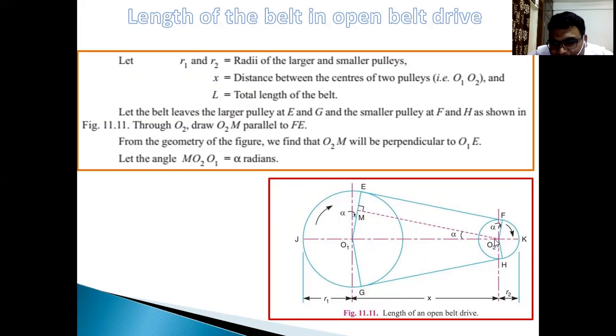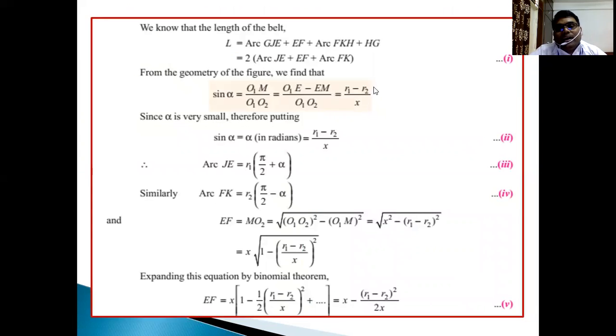You can see this length is in total R1, and if you subtract this, it is equal to R2. So this becomes R1 minus R2 upon X. If alpha is very small, we can write sine alpha equal to alpha, so alpha equals (R1 minus R2) upon X.